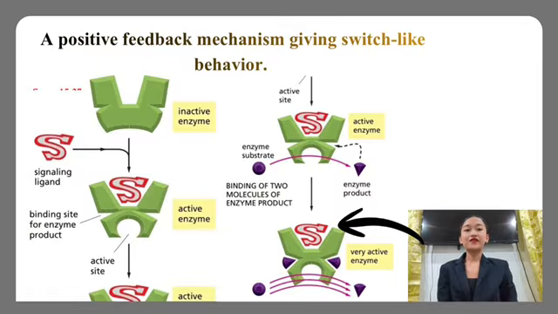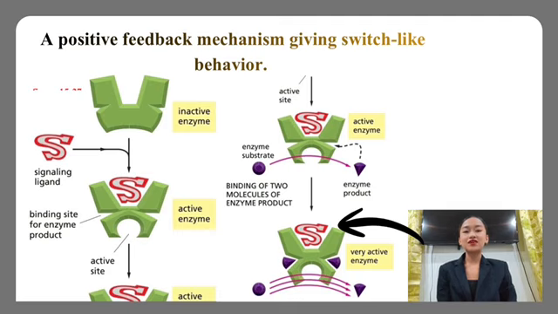Here, the positive feedback mechanism is switching the active enzyme to a more active enzyme. We can see in the image that the enzyme is still inactive because there is no signaling ligand yet. Ligand means a signal molecule that binds to a specific site on a protein, like an enzyme or receptor. When the ligand arrives, it will attach to the enzyme and it will become active. The active enzyme will now convert the substrate into product.